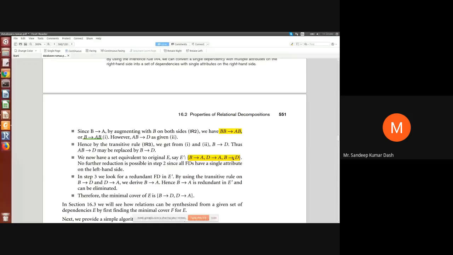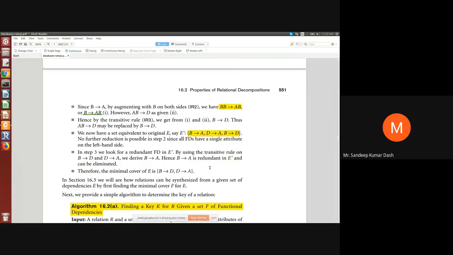Then the third step is to check whether any of the functional dependencies out of these three are redundant. Redundant means not required. That means it can be derived from the other functional dependencies present. See here, one functional dependency is B deriving A. Consider the second and third.